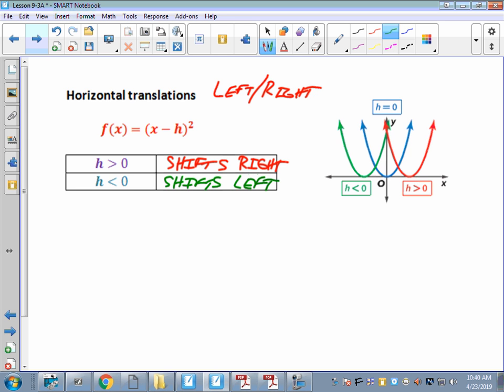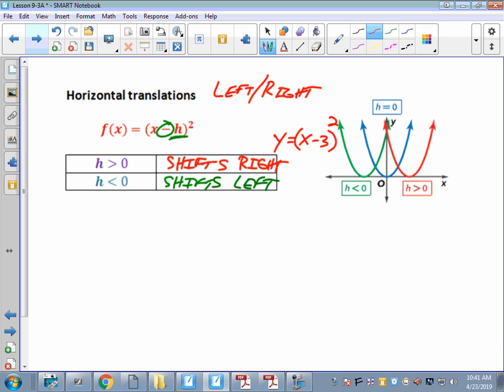But something you have to factor in here is the minus sign. So you kind of have to find a way to memorize this. Maybe you think it's the opposite of h, but a positive h value is going to move you to the right, and a negative h value is going to move you to the left. For example, in this red one, if we had y equals (x minus 3) squared, you kind of have to leave the sign behind.